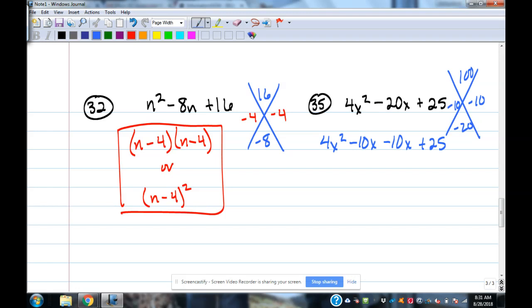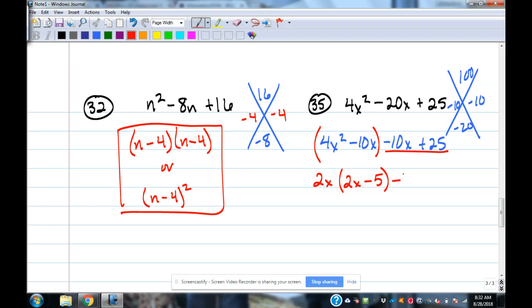And then I'm grouping. The GCF of these two. 2x. What's it leave in the parentheses? 2x minus 5. What's a negative 10x and a 25 got in common? 5, but what kind of 5 am I pulling out? Negative.